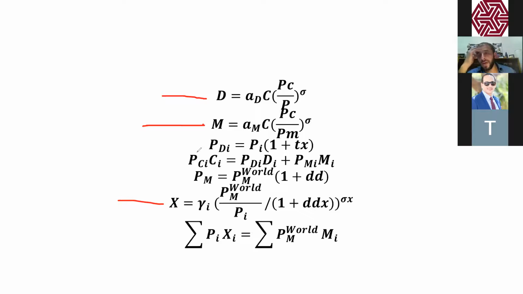The second point is on the relationship between imports and domestic goods, where we also have a constant elasticity of substitution.